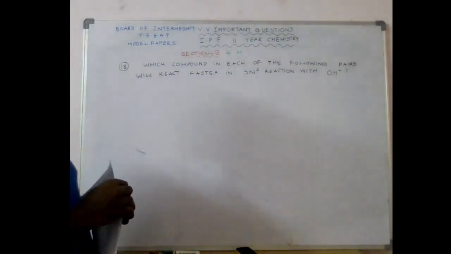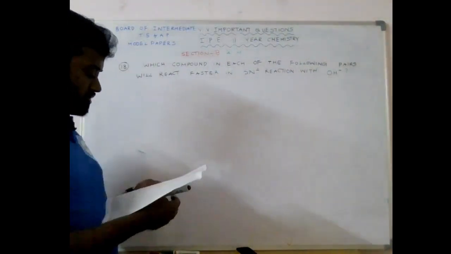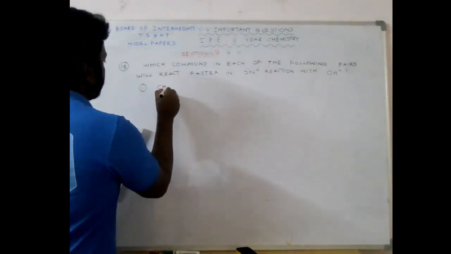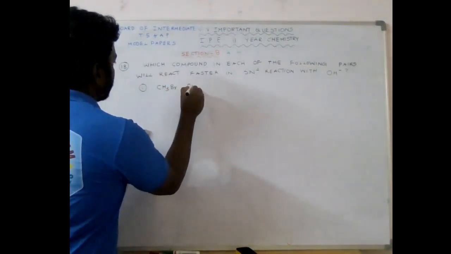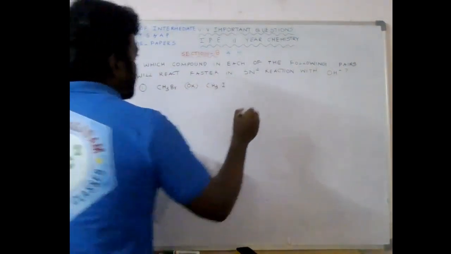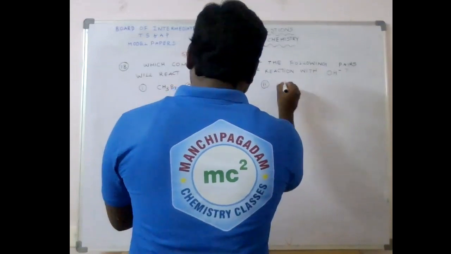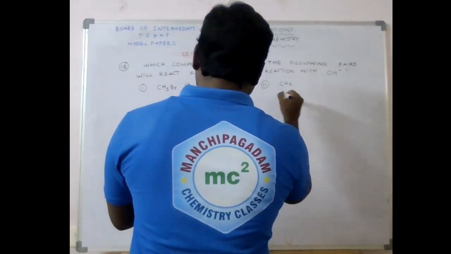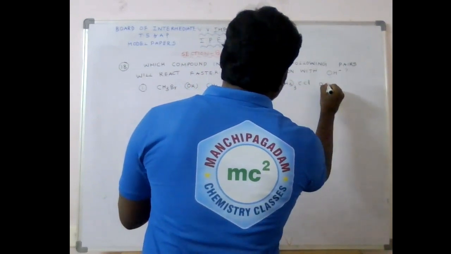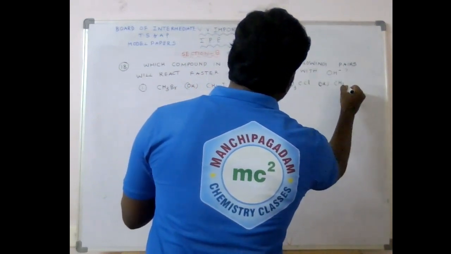Okay, OH minus is the nucleophile. Which compound in each? The first one given is number 1, CH3Br or CH3I. Second one, (CH3)3C-Cl or CH3Cl.